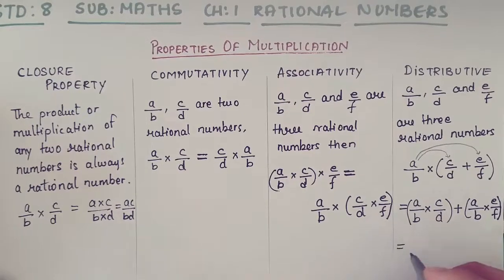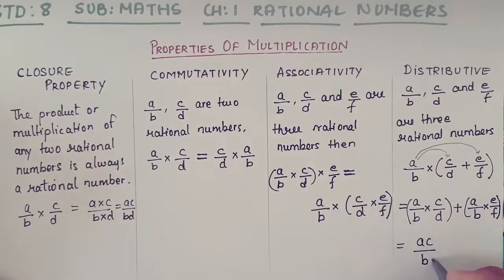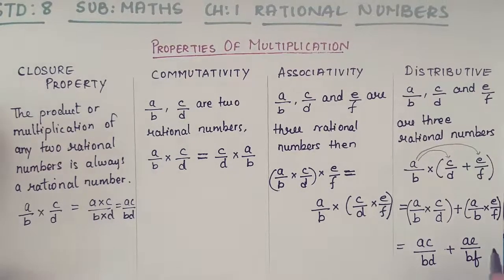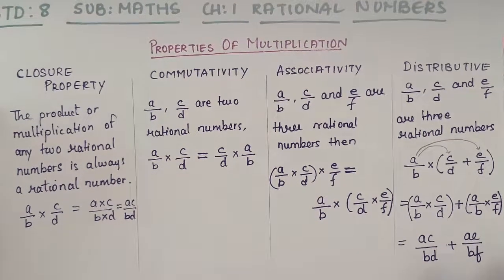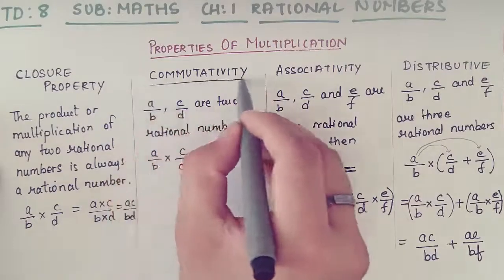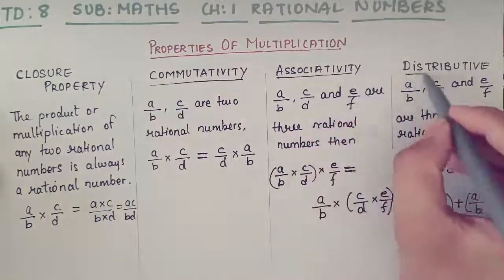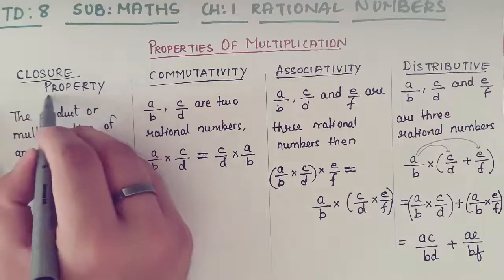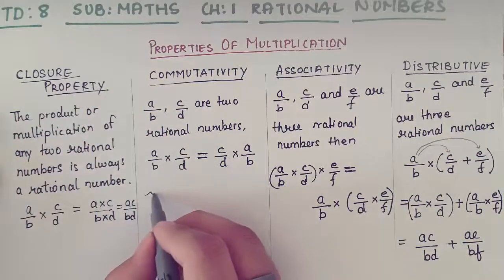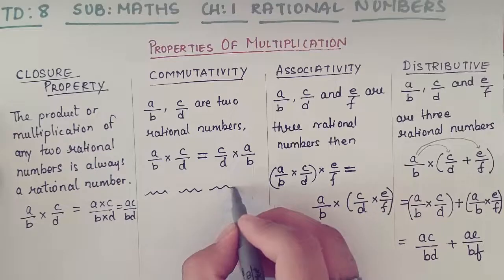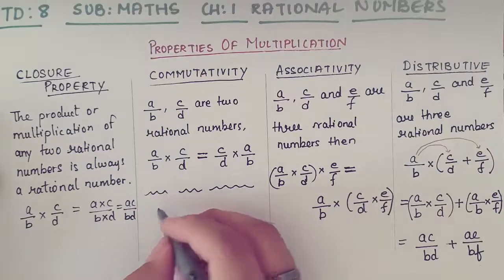Okay, now what we can write? We can write ac upon bd plus ae upon bf. Okay, so this is all about multiplication, and we have one more, that is multiplicative identity. So just make a note of that also. Now I'm writing down here, that is multiplicative identity.